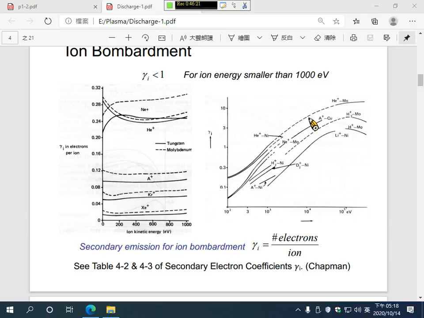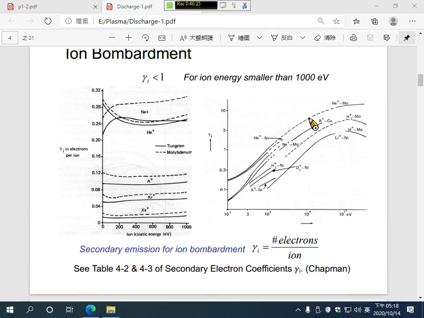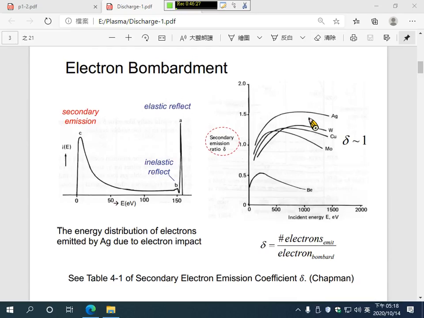Less than 1. Here, 0.24, 0.25. But for electron bombardment on the anode surface, even if the incident electron energy is small, you can still get a secondary emission ratio a little bit higher than the secondary emission by ion bombardment.